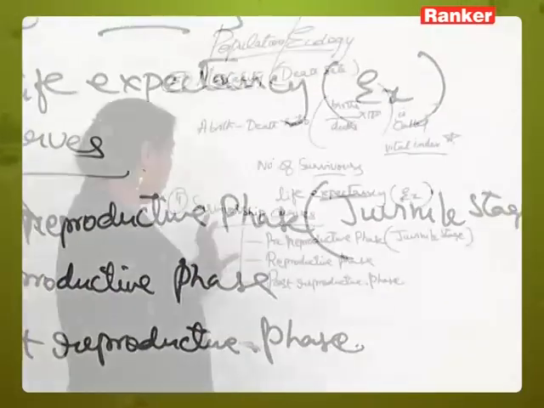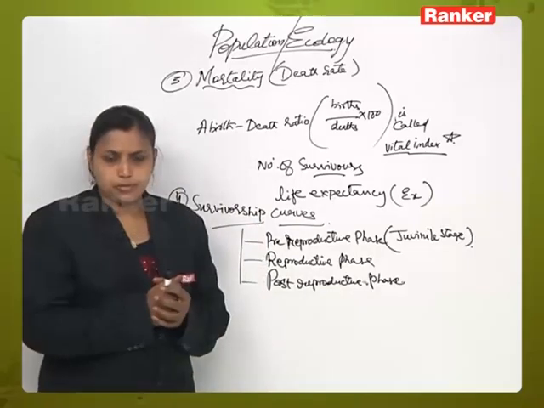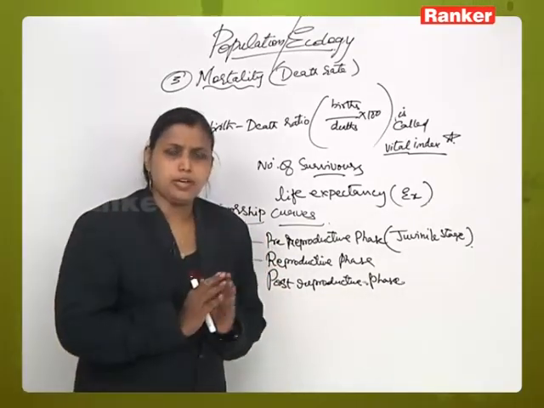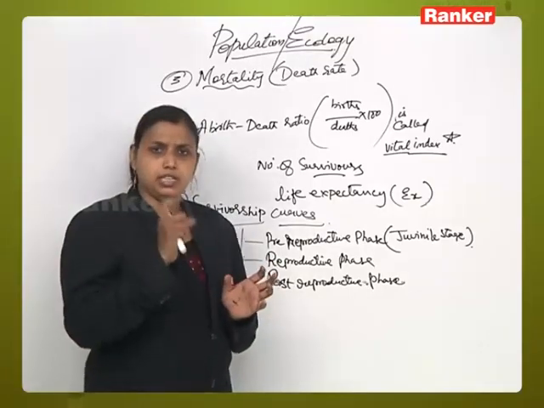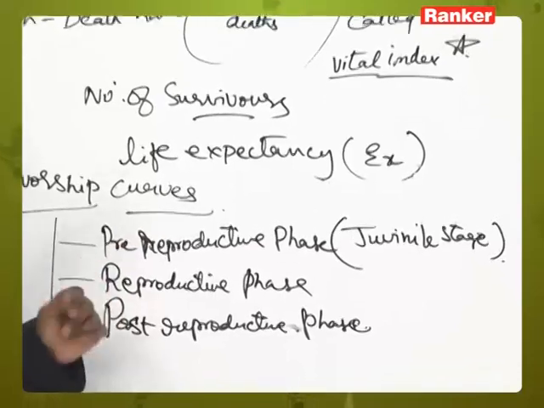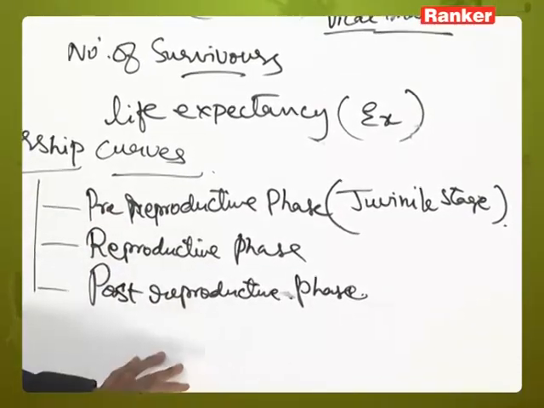Now, when we are talking about survivorship curves, we will talk in general about a particular total lifespan. In an individual, the total lifespan comes across three phases: pre-reproductive, reproductive and post-reproductive stage.